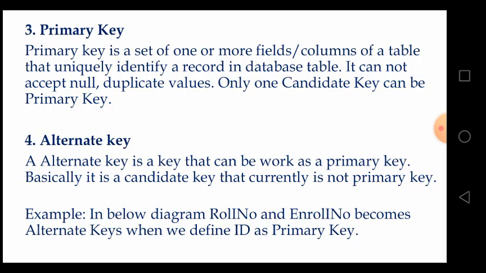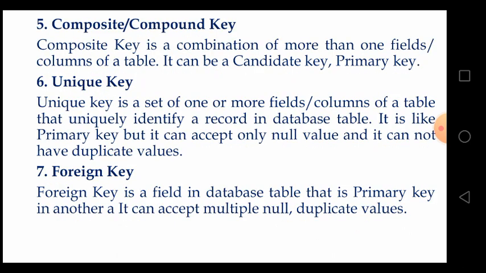Next, unique key. A unique key is a set of one or more fields or columns of a table that uniquely identify a record in a database table.